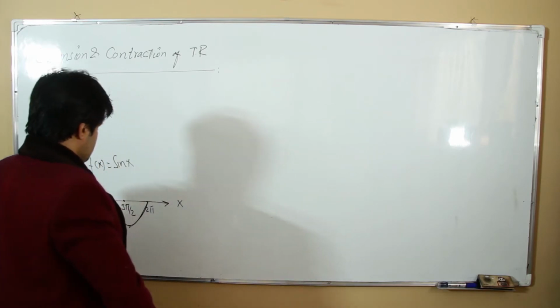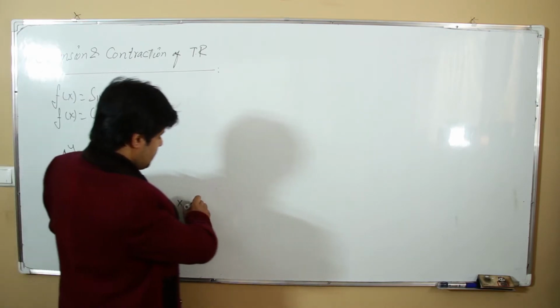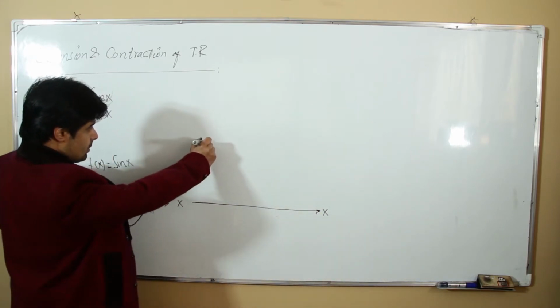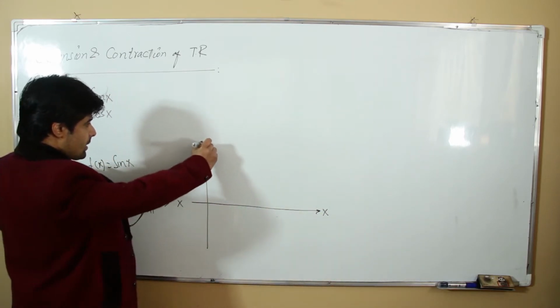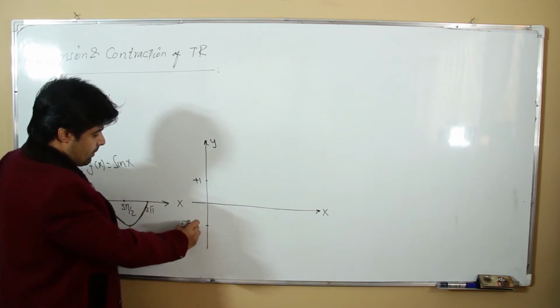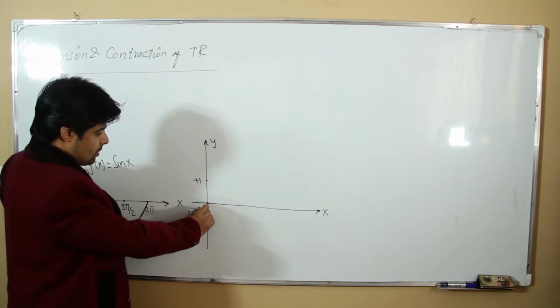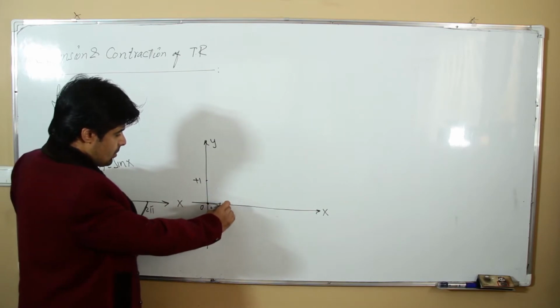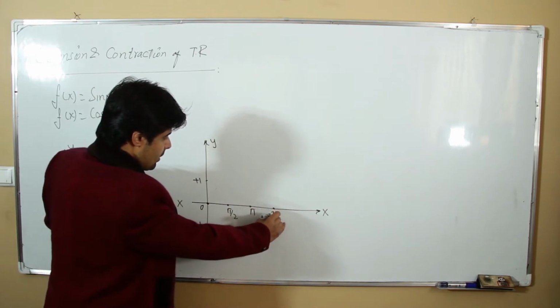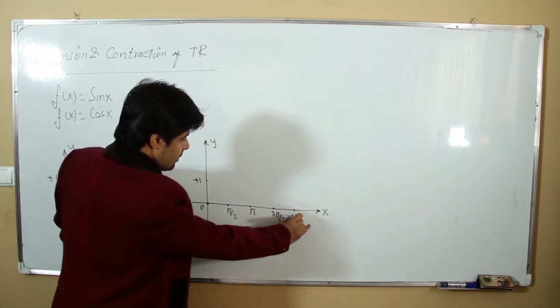If you want to draw the graph of cosine, this is our x-axis, this is our y-axis. Now the maximum value is +1, the minimum value is -1, and this is 0. This one is pi divided by 2, pi, 3 pi by 2 and 2 pi.